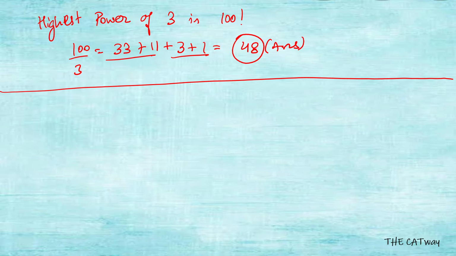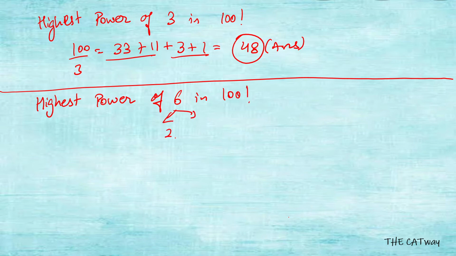Now let's explain. Let's say you have to find the highest power of 6 in, let's say, 100 factorial. So 6 in prime factor form is written as 2 into 3. Now earlier we found that the highest power of 2 in 100 factorial is 97, and for 3 it is 48. Now our answer will be 48. Why is that?